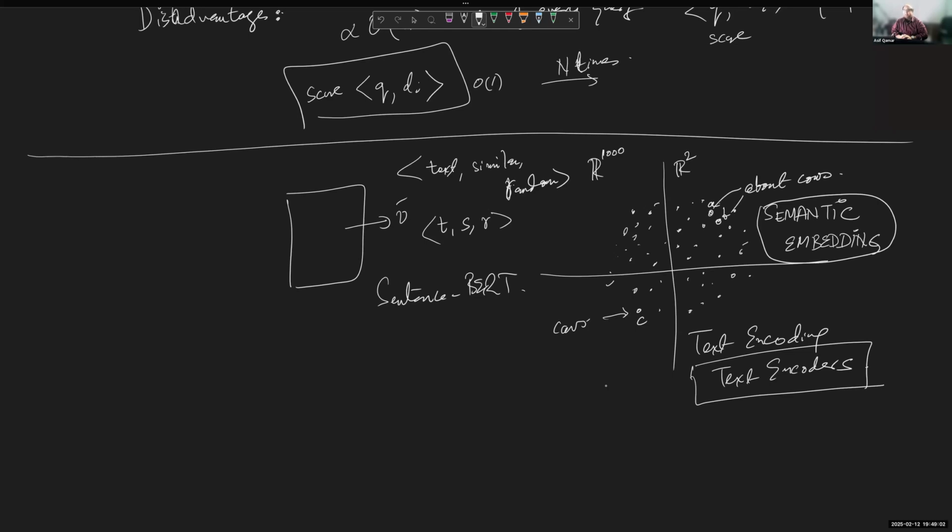And it has been quite a race, actually. Just when you think no more innovations can be done in creating a better semantic embedding, comes yet another paper that beats everybody. Right? So it has been a fairly rapid and fun evolution to see how much nicer and nicer text encoders you can create.